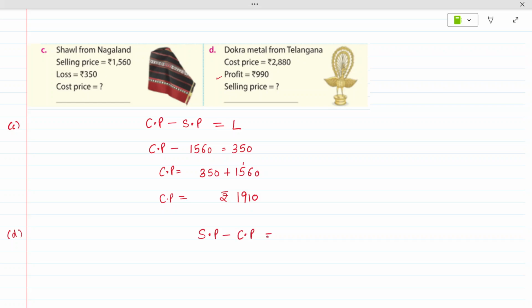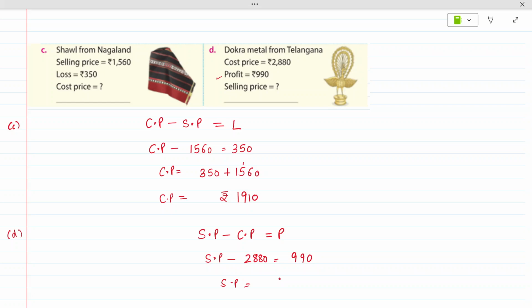Then only we will get the profit, right? Now SP we have to find out. CP is given to us as 2,880 and profit is given to us as 990. So SP will be what?